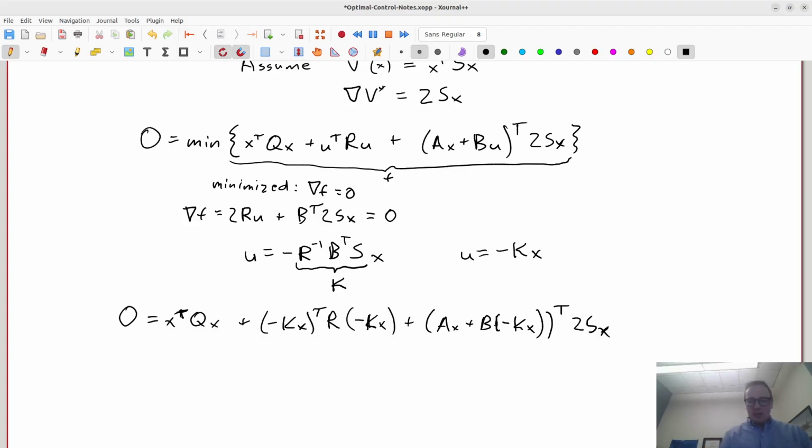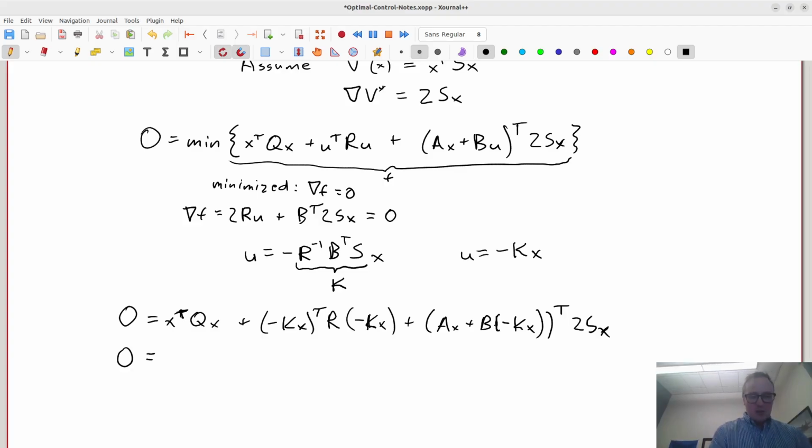So you can rearrange by substituting this k back in for all the k's here, and that will actually make this quadratic. Every one of these terms will be of the form x transpose times a matrix times x.